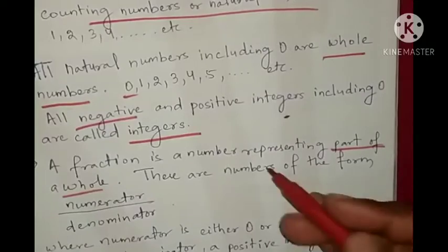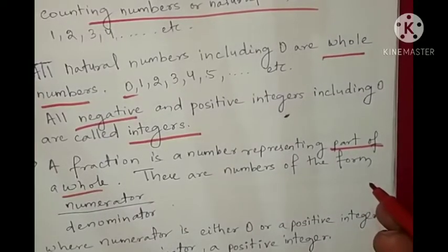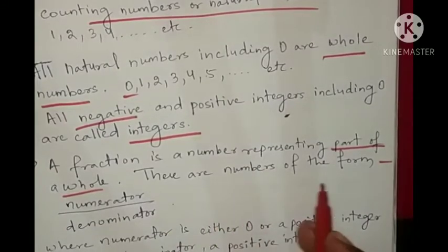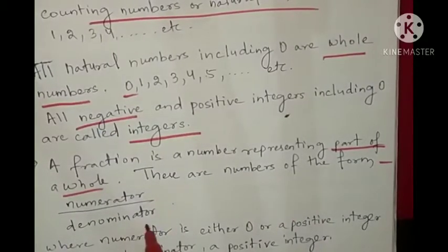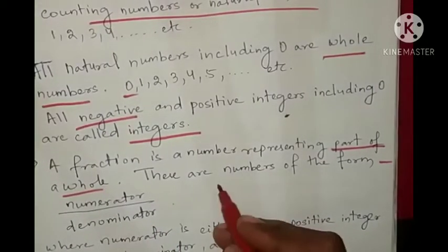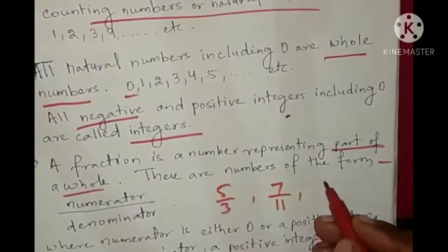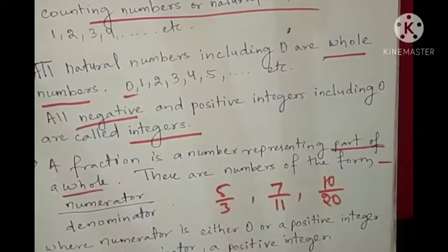How do we write a fraction? We write the numerator above and the denominator below, like 5 by 3, 7 by 11, 10 by 20. These are fractions.